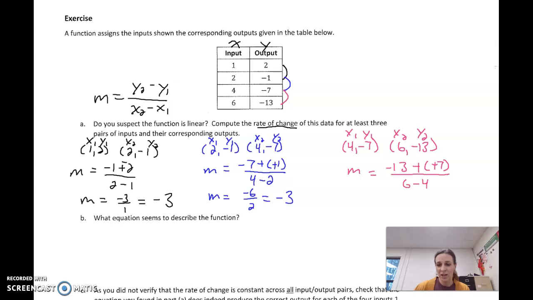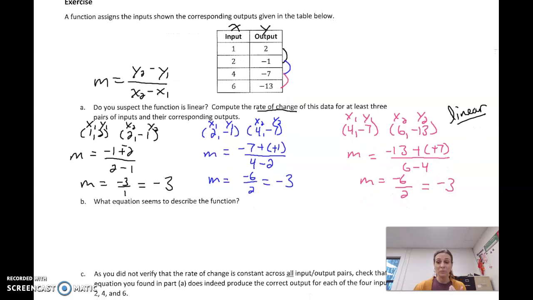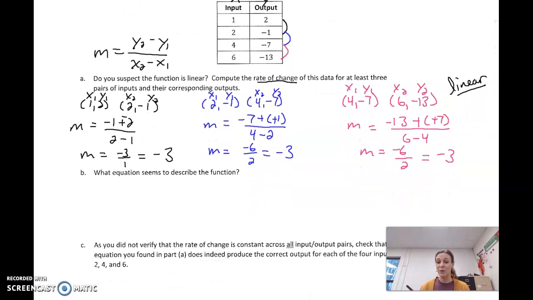Keep, change. Negative 13 plus 7 is negative 6, over 6 minus 4, which is 2. Negative 6 divided by 2 is negative 3. Yay! They all work out the same, so we're going to say that this function is linear. They all have the same rate of change, the same slope. That's what we said in the last video: if they're all the same, we know they're linear.